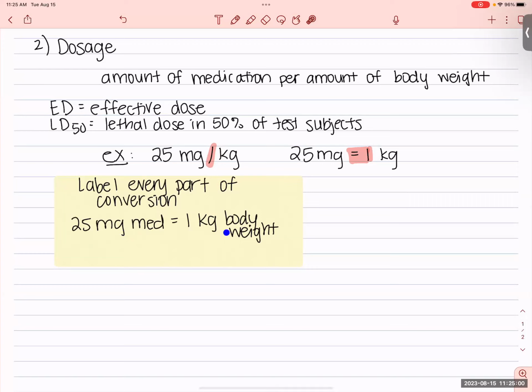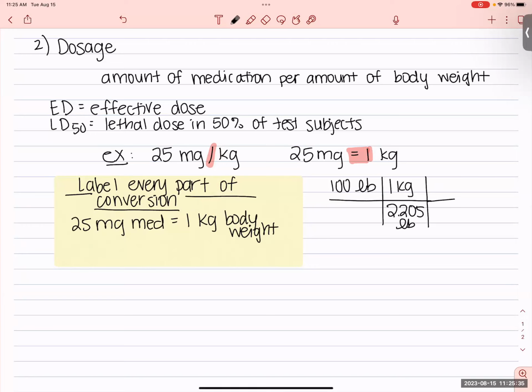And this is going to be really helpful with you in setting up dimensional analysis, because when I tell you, hey, there's a patient that weighs 100 pounds, how many milligrams of medicine do they need? If I just put 100 pounds into dimensional analysis, and I go, okay, well, I can turn pounds into kilos, I know 2.205 pounds is a kilo, right?